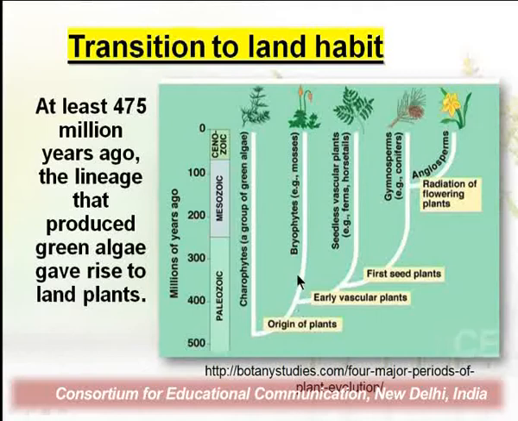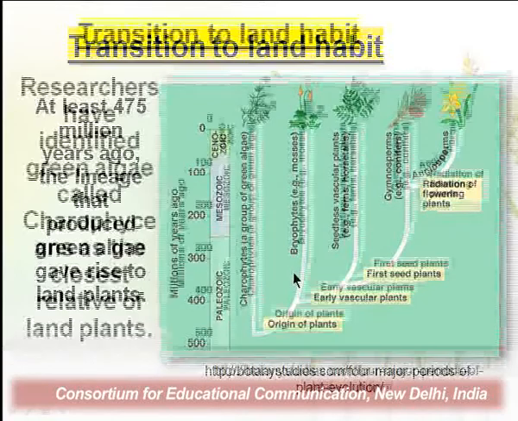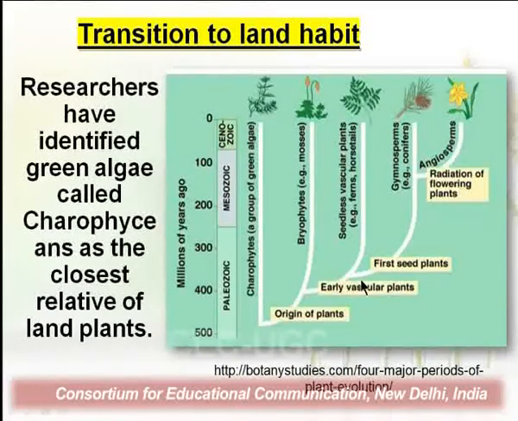And from this common ancestor, from this monophyletic group, arose bryophytes, the seedless and the seed plants, and finally the angiosperms also. The researchers have identified that green alga which belong to Charophyceae are the closest relatives, which is very evident from this diagram.